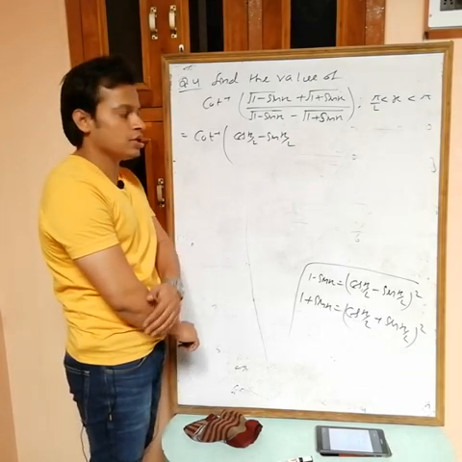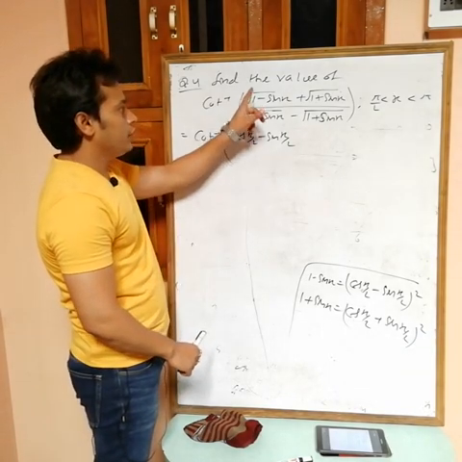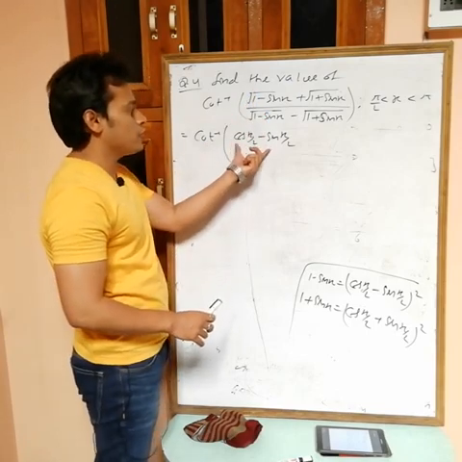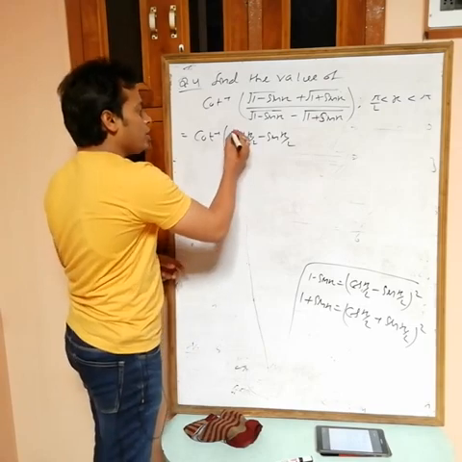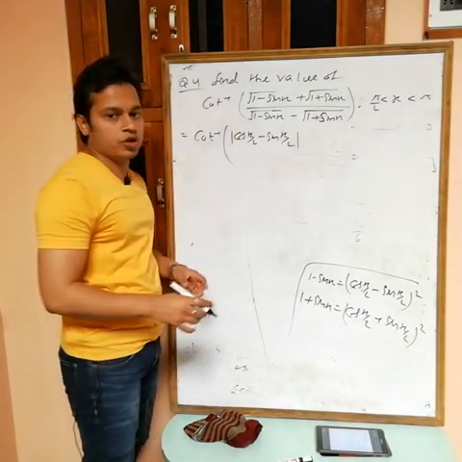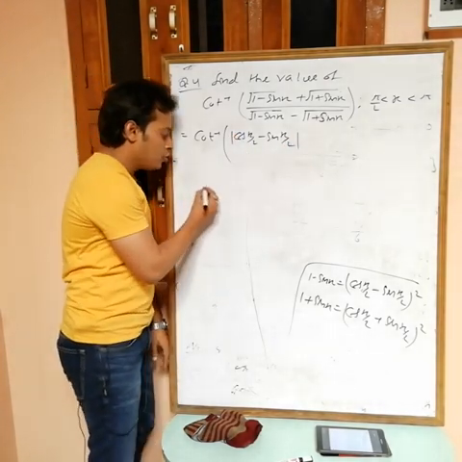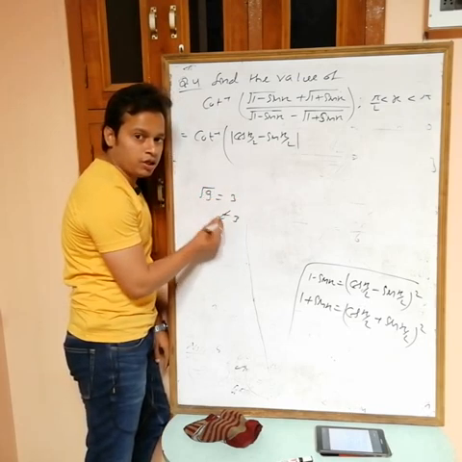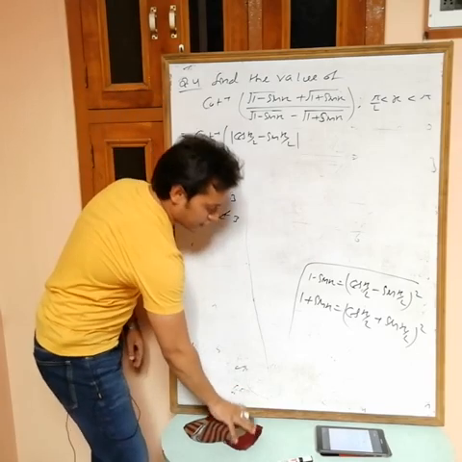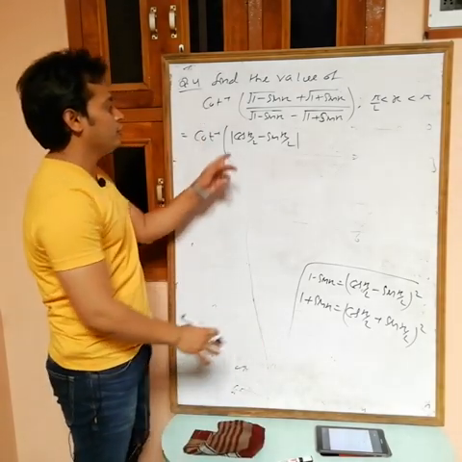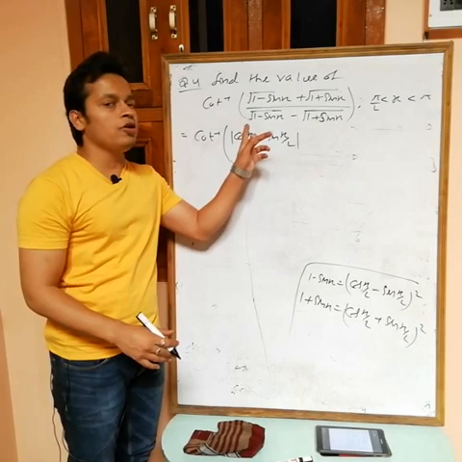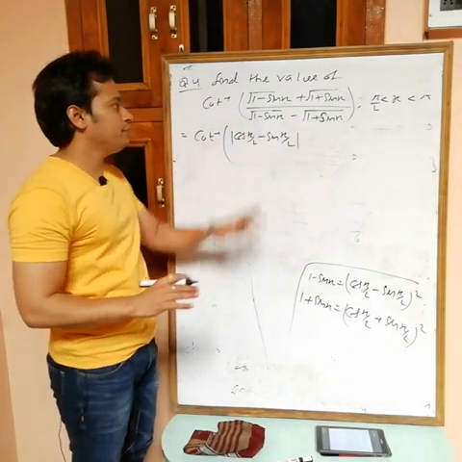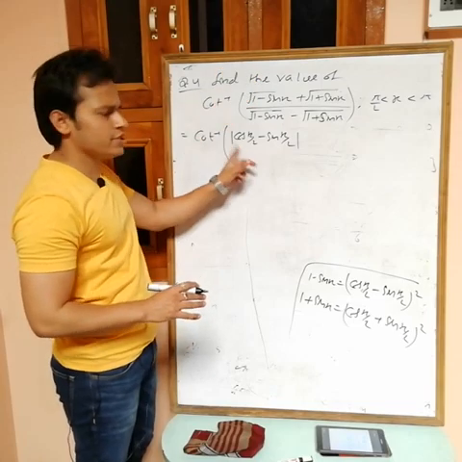Actually no. Here this is a root, and root can't be negative. We don't know whether this is positive or negative, so the value of a root is always in modulus. Remember, root 9 is 3, not plus minus 3. The value of a root is always positive, and at this time you don't know whether cos x by 2 is greater or sin x by 2 is greater. If you know then okay, no problem, but the value of a root is always in modulus.